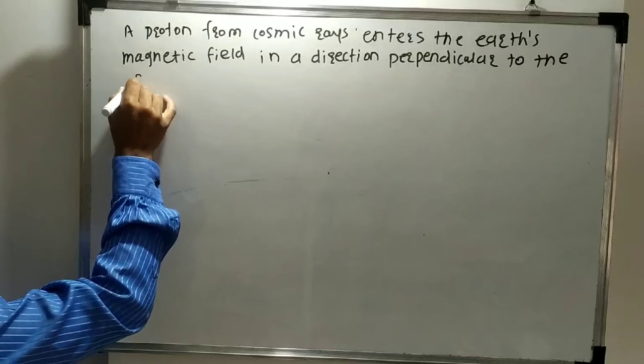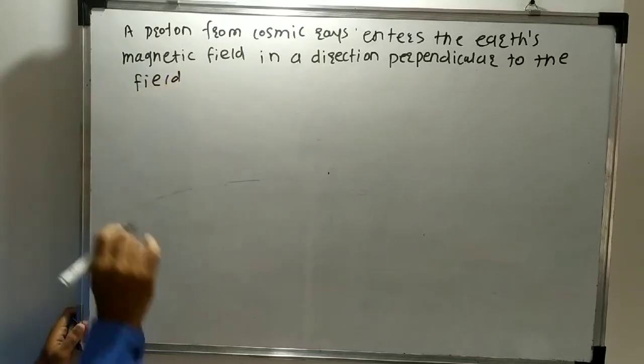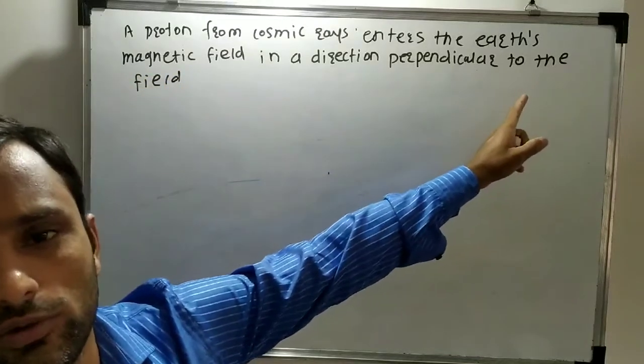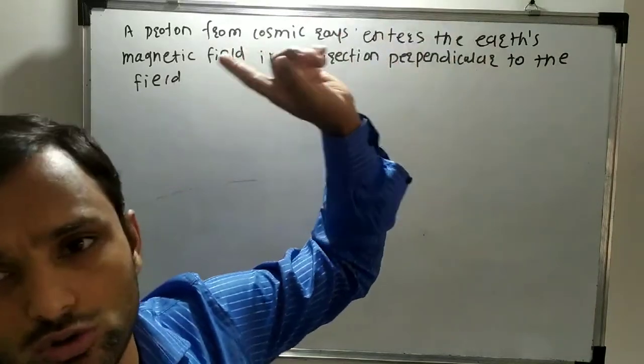I call it a field; field means the magnetic field. So the angle here is 90 degree because these radiations are perpendicular to the magnetic field.